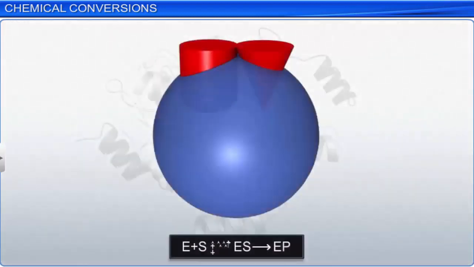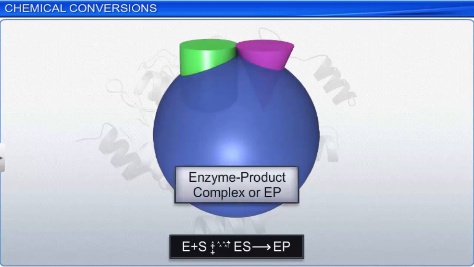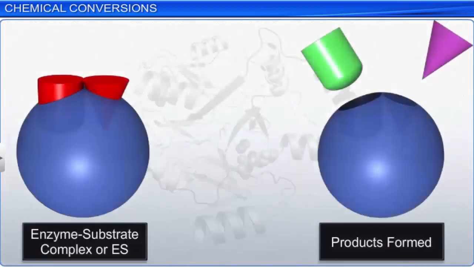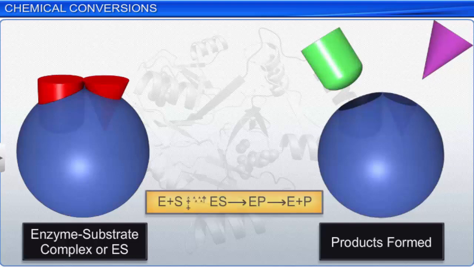In the third step, the active site of the enzyme breaks or forms chemical bonds and a new enzyme product complex or EP complex is formed. This EP complex is also unstable. Finally, in the fourth step, the structure of the substrate is transformed into the structure of the products.